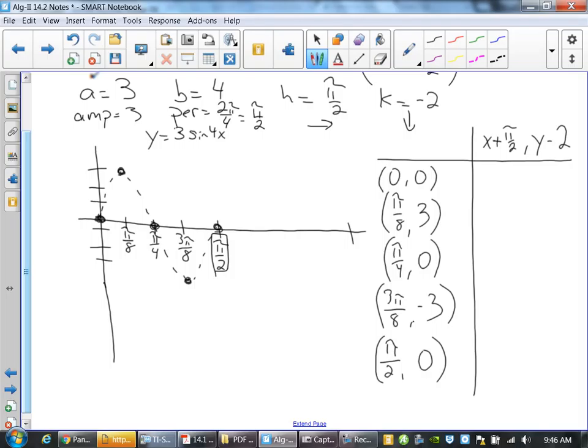All right? So what's 0 plus pi over 2? What's 0 plus negative 2? So my first ordered pair would be at pi over 2, negative 2. Pi over 8 and pi over 2. 1/8 plus 4/8. 5/8.